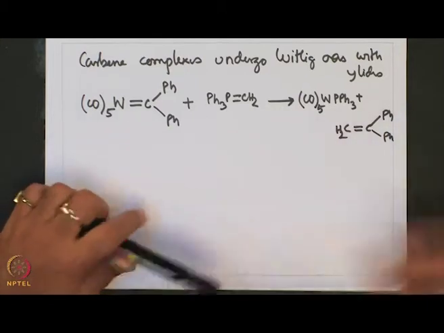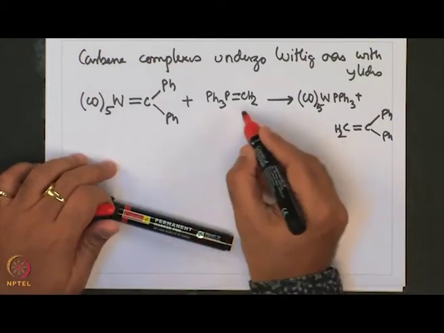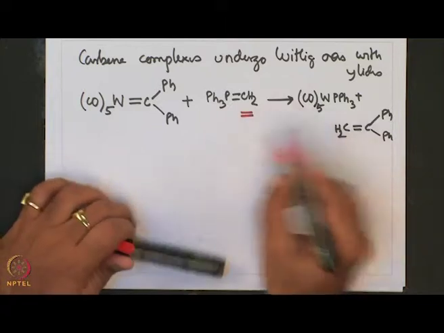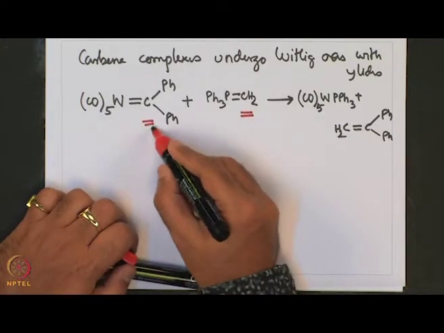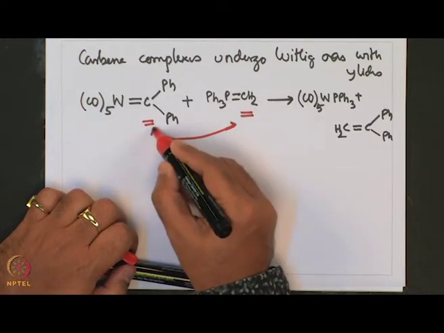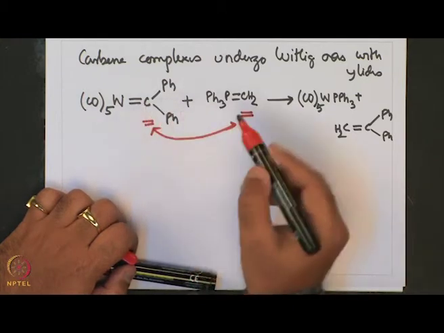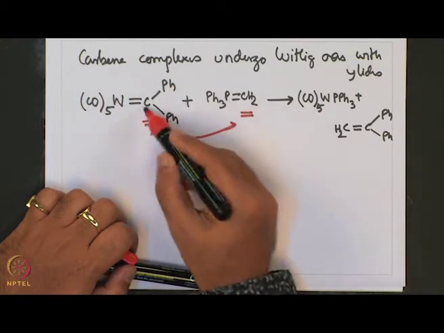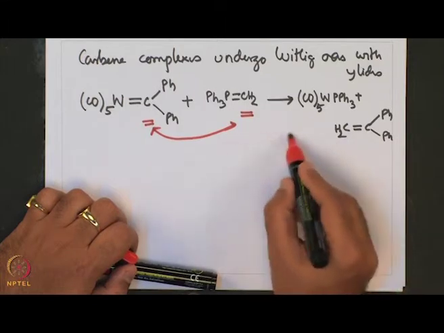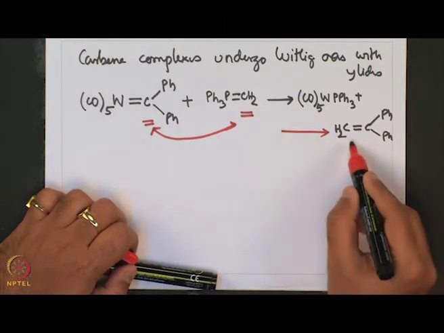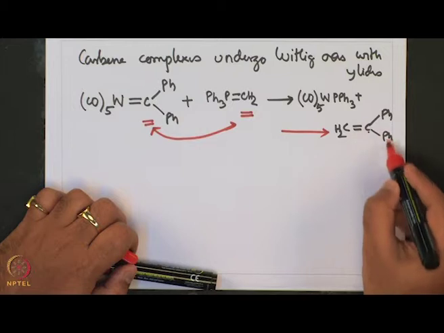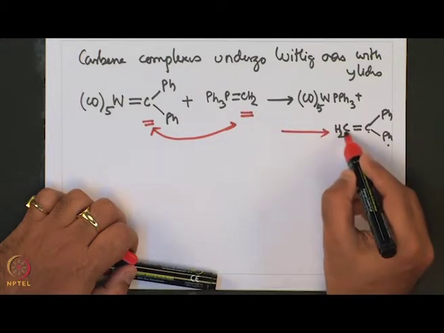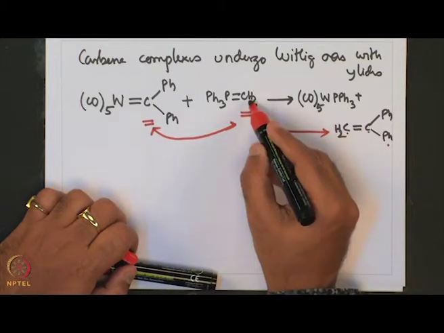So, this we see is similar to that of Wittig reaction, where this CH2 moiety has added to this diphenyl carbene moiety to give this olefin, which is CPh2 and another side CH2 which comes from this.